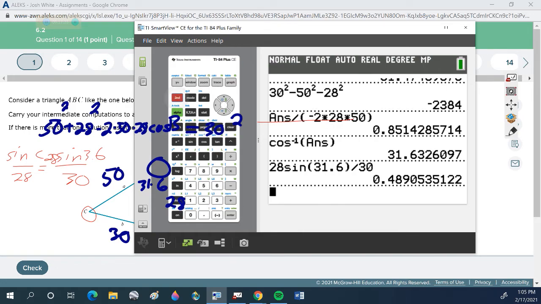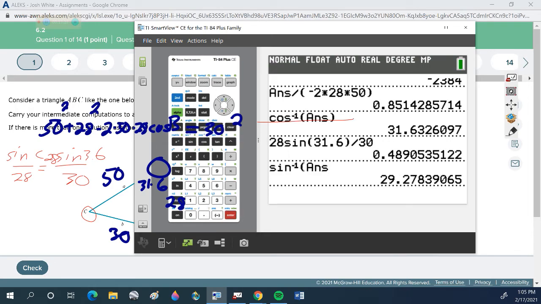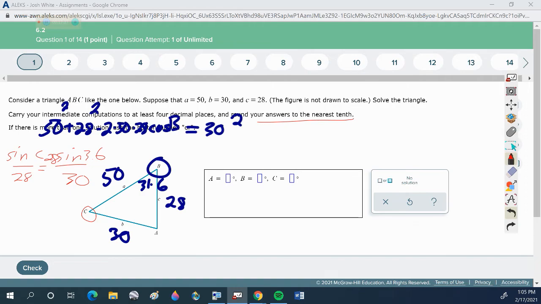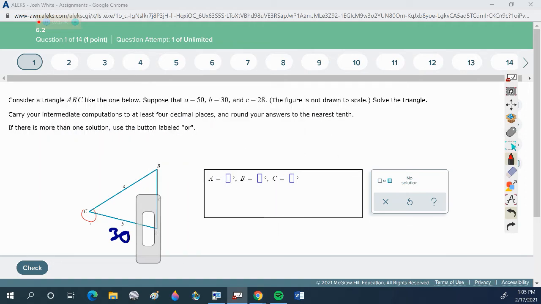And then I invert the sine. There's my second angle, and then I just subtract both of those angles from 180 to get my third angle. Okay, that's problem type number 1.